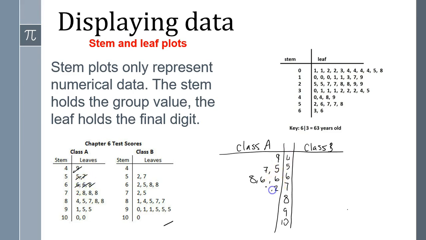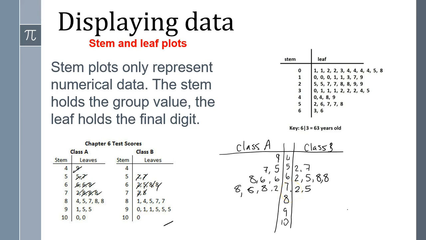We've got 2, 8, 8, 8. Yours is going to be a lot neater than mine. Okay, and going off the other side, we've got 2 and 7. We've got 2, 5, 8, 8.